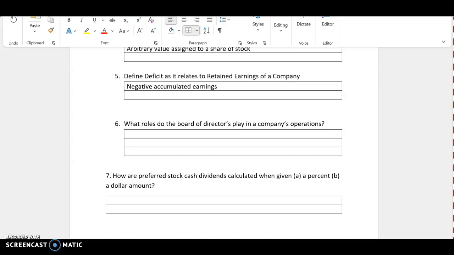They're also in charge of declaring the dividends. So they're in charge of major decisions, declaring dividends, and setting the officers' salaries.